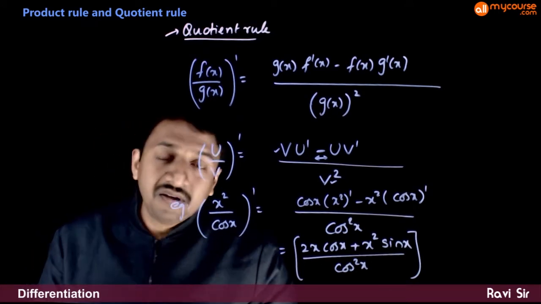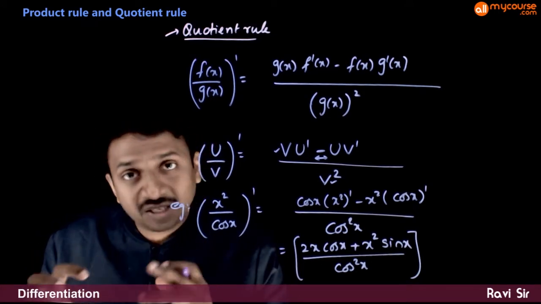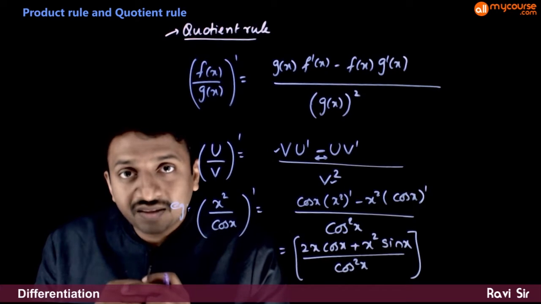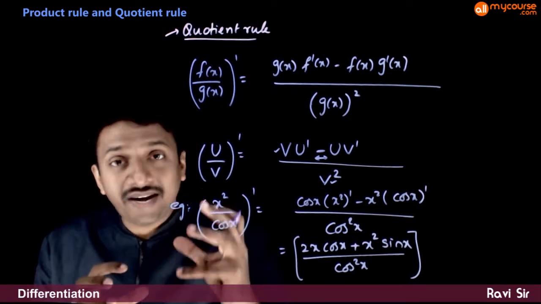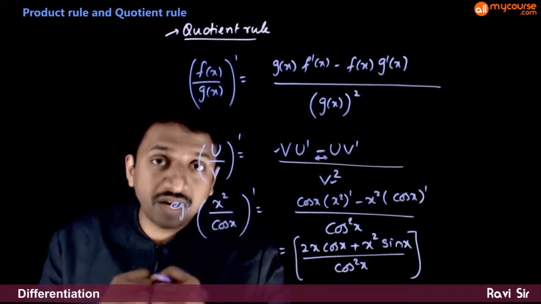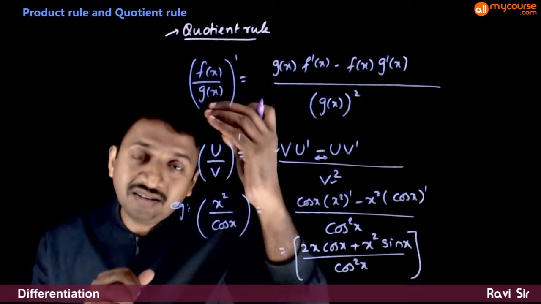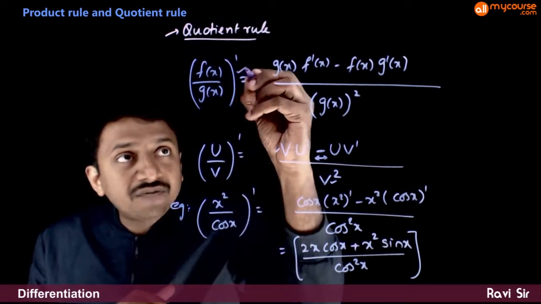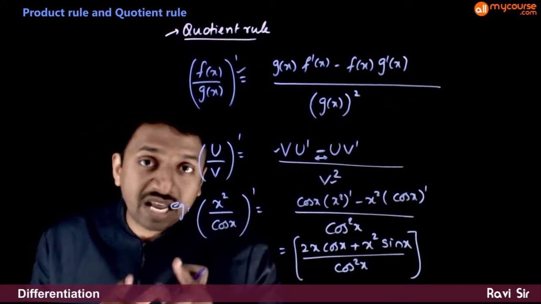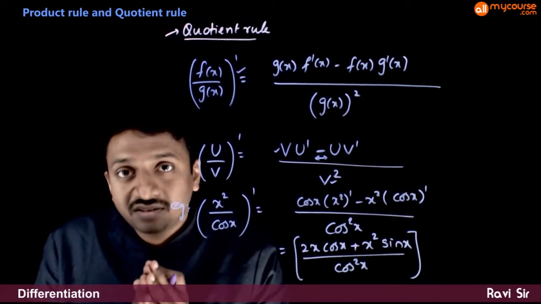So now you have understood the first principle of differentiation, and you also understood how to find differentiations of products of two functions and the ratio of two functions. Again, these formulas can also be derived using the first principles.